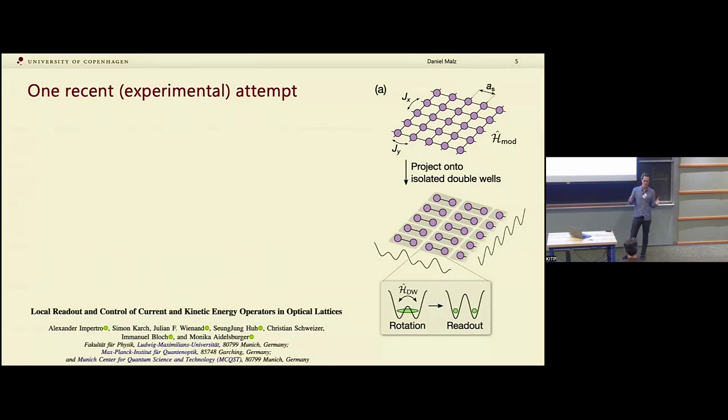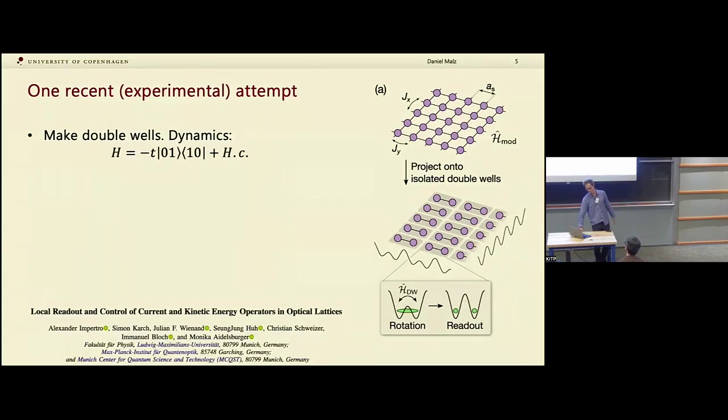This turns off hopping across almost all bonds, except for even-odd nearest neighbor in one direction. This you do by adding a modulation with a laser at double the wavelength. Then you can make these double wells where the only thing the particles can do is go back and forth. So there's a very simple Hamiltonian, where you just have hopping of a particle between left and right, and then you have very simple dynamics.